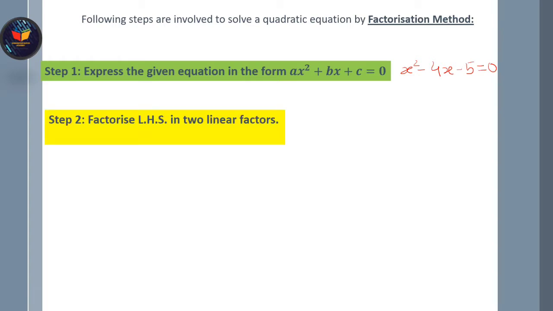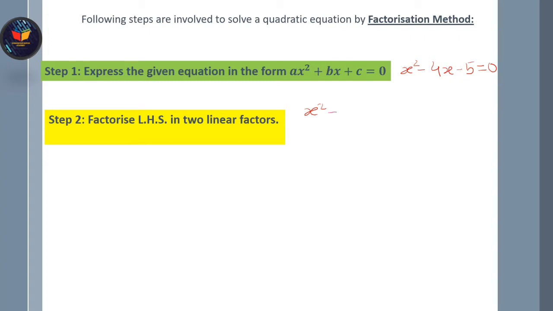Step 2. Factorize LHS in two linear factors. Now x square minus 4x minus 5 is our left hand side. We have to factorize it. Here I am showing it directly, but in actual example when we are going to solve it, that time there will be detailed explanation.